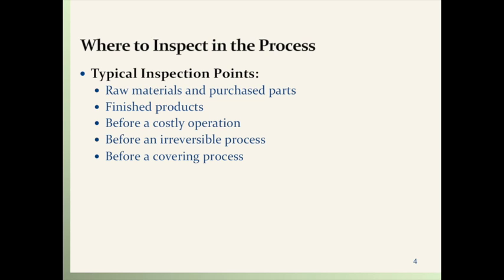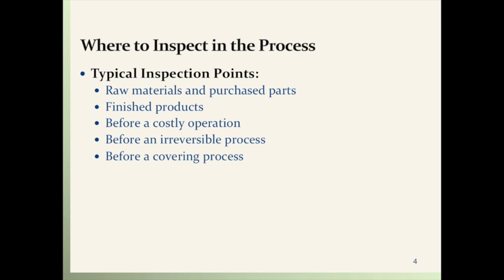The next one is before a costly operation. So if you're gonna put something together and it costs you a whole bunch of labor to put it together, you might want to inspect just before you put it together, make sure it's good, rather than afterwards.